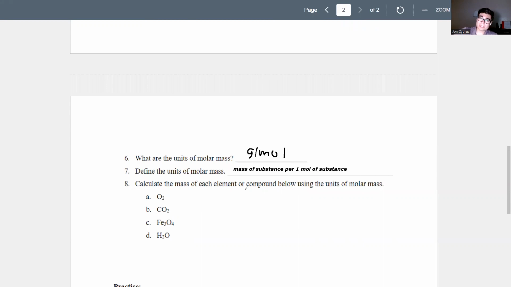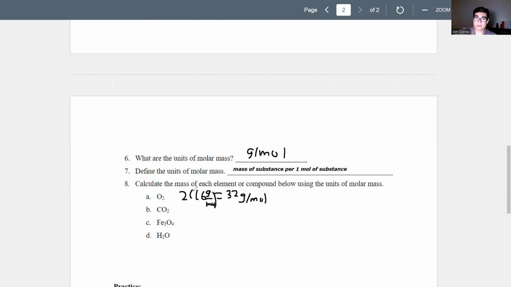Each weighs, I'm going to round to make this easier, 16. So 2 times 16 is 32 grams per mole. The 16 is in units of grams per mole.